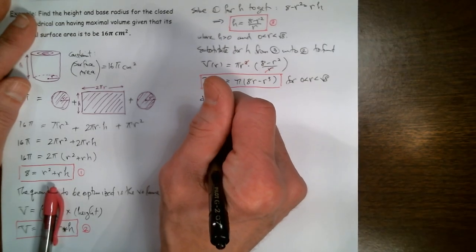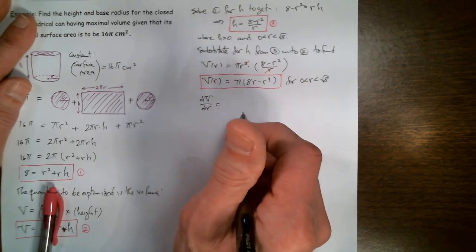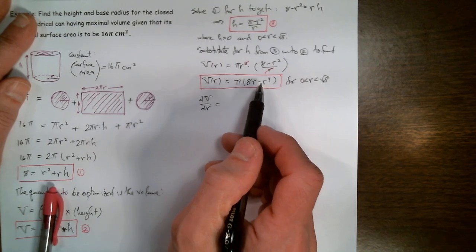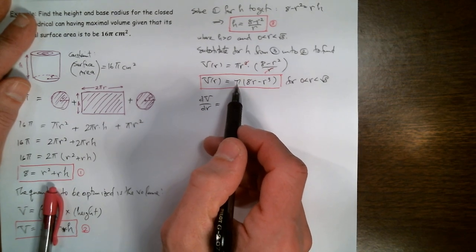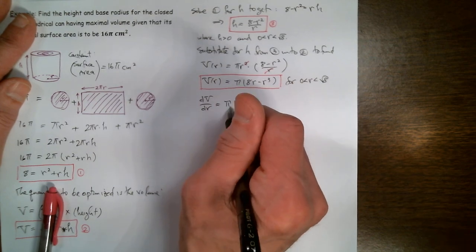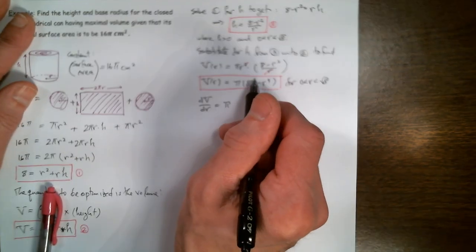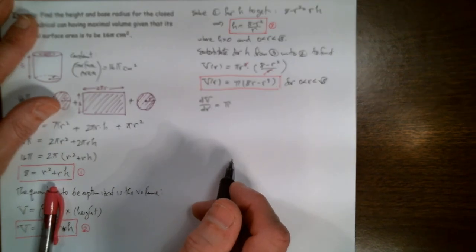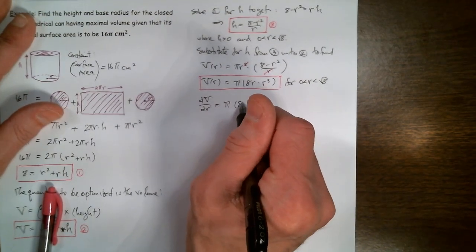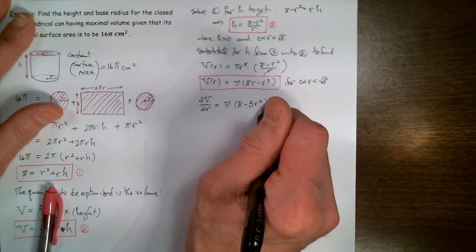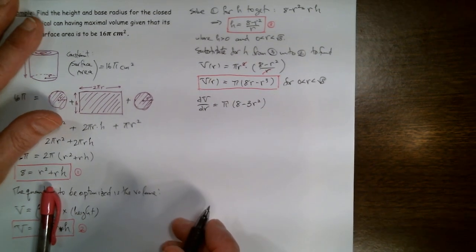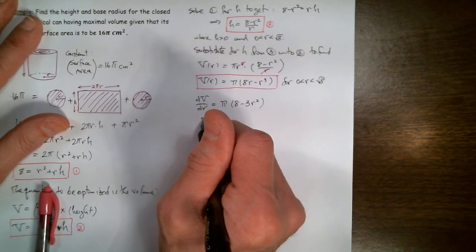So dV/dr would be, because we use the formula for the constant multiple rule, the derivative of a constant times a function is going to be the constant pi times the derivative of the function 8r minus r cubed. So the derivative being 8 minus 3r squared, right? And we see that pretty clearly.